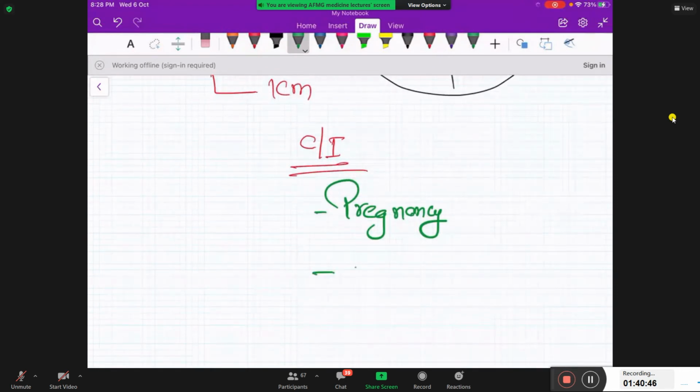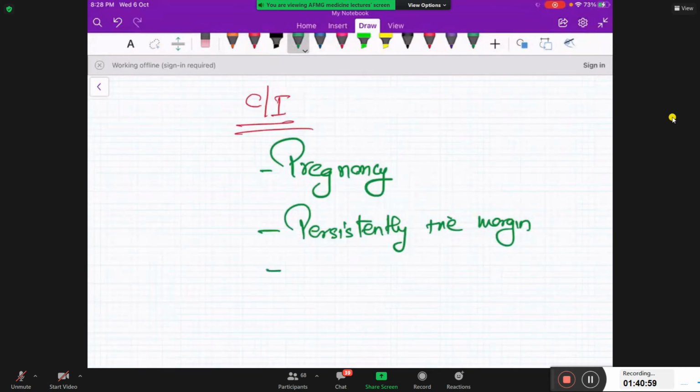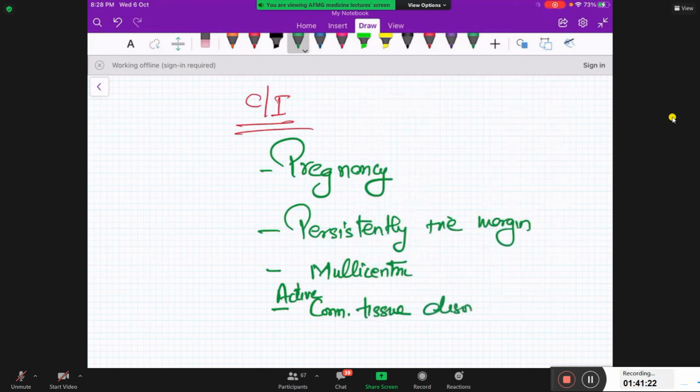Then persistently positive margin. Then multicentric disease. Then active connective tissue disorders.